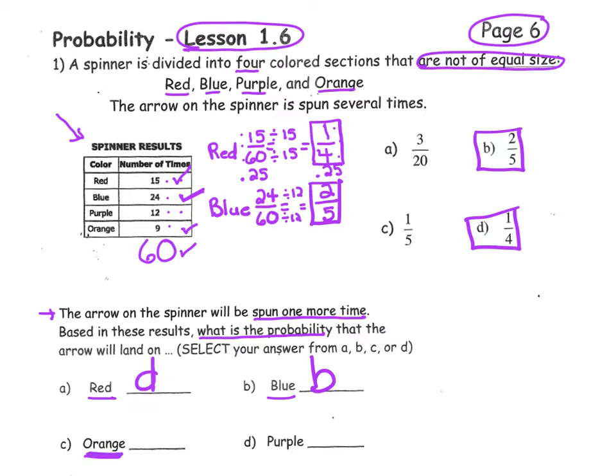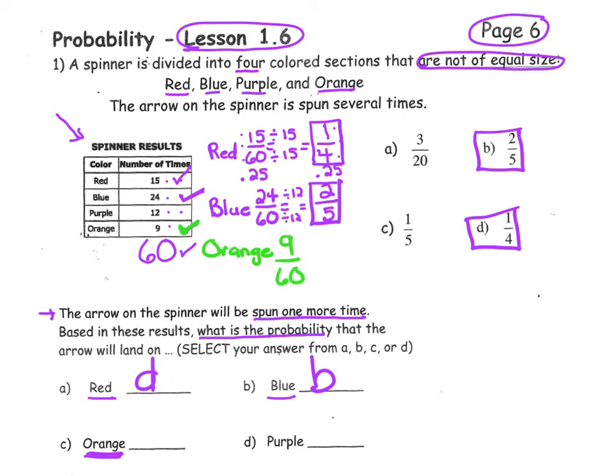Now let's take a look at orange. We can see the orange only shows up 9 times. The chances of spinning an orange are very weak. So we have a 9 out of 60 chance.